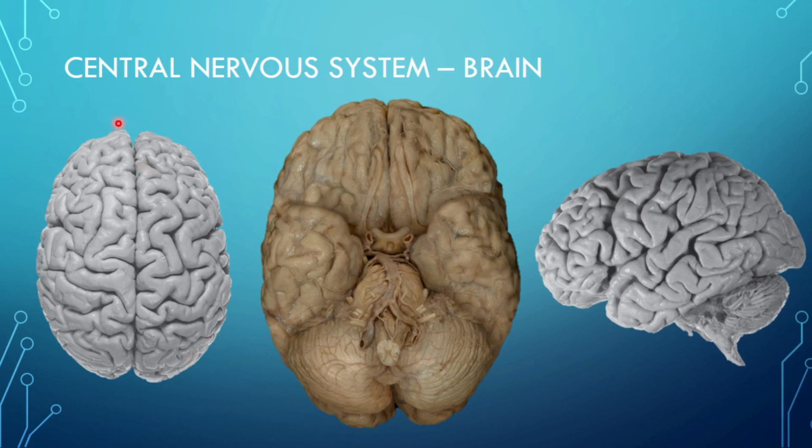What we see is the brain has two halves, or two hemispheres, that are separated longitudinally, i.e. from the front, which is here at the top of the image, to the back at the bottom of the image, by a longitudinal fissure. What you also might notice about the surface of the brain is it's very hilly.